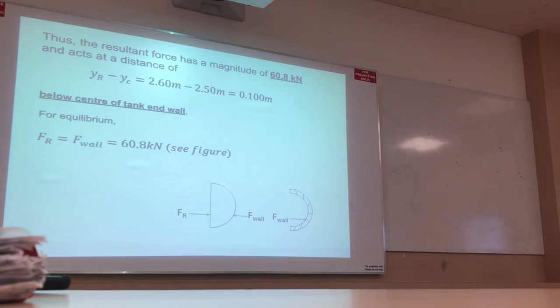So now, the question is, the resultant force has a magnitude of this value. The hydrostatic force is equivalent to the density of the alcohol times gravity times the distance between the center of gravity and the surface, 1 meter below the water, at the center of the tank, even though there's no water.